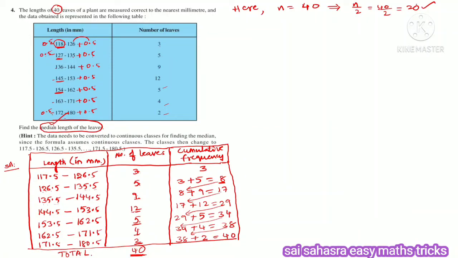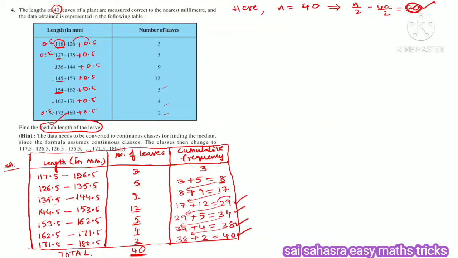Now think about this 20. More than 20 in cumulative frequencies, how many values are there? Let us find. This is less than 20, this is less than 20, this is less than 20, and this is more than 20, more than 20, more than 20, more than 20. So these are the 4 values more than 20.